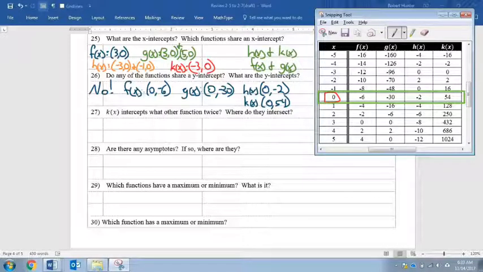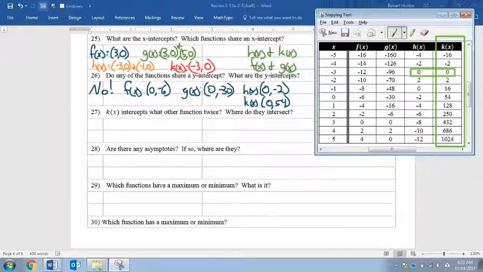So here we go. K intersects what other function twice? We're looking for where it intersects another function, and you'll notice that it shares points with h right here and right there. At these x-coordinates, they have the same y-coordinates.